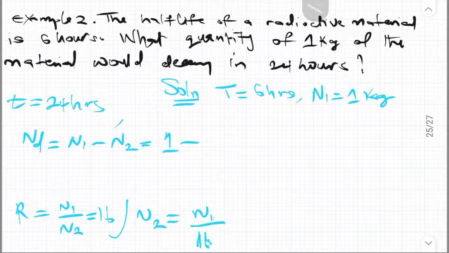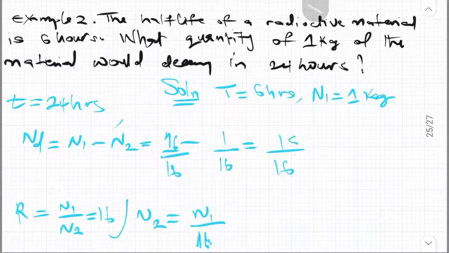N2, we just said, is equal to N1 over 16, and N1 is actually 1. So of course we just have 1 minus 1 over 16. To make things look nicer, we know that 1 is the same thing as 16 over 16, so we now have the same base. 16 minus 1 will be 15, so we have 15 kilogram.